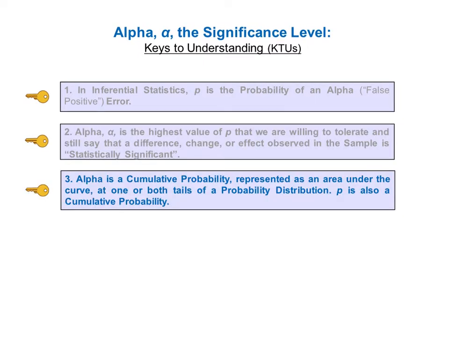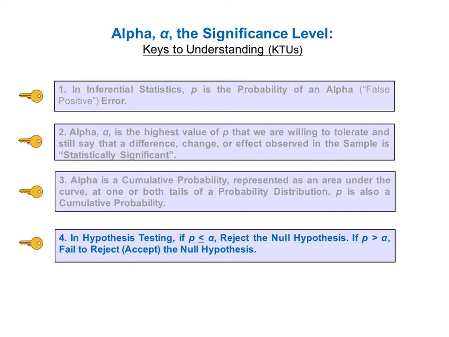The third key to understanding is, alpha is a cumulative probability represented as an area under the curve at one or both tails of a probability distribution. P is also a cumulative probability. KTU number 4 states, in hypothesis testing, if P is less than or equal to alpha, reject the null hypothesis.